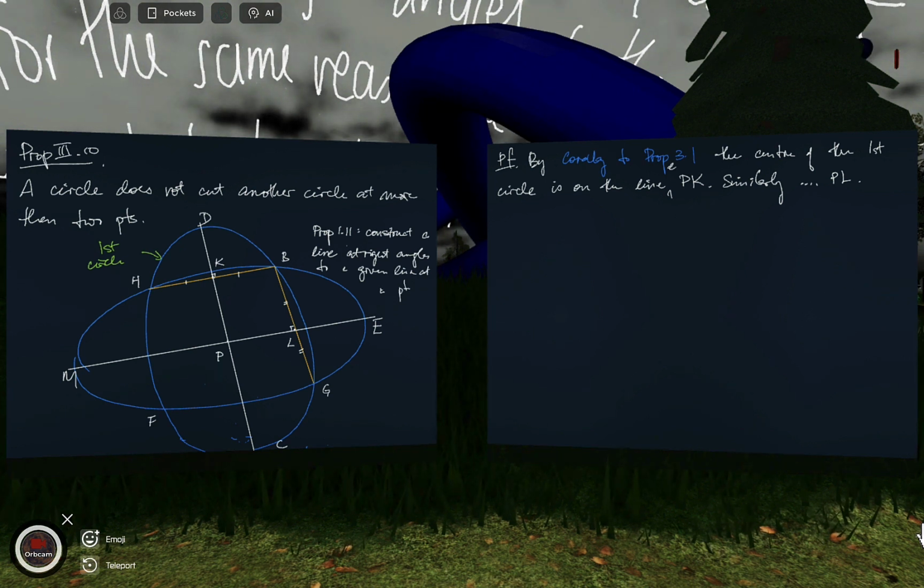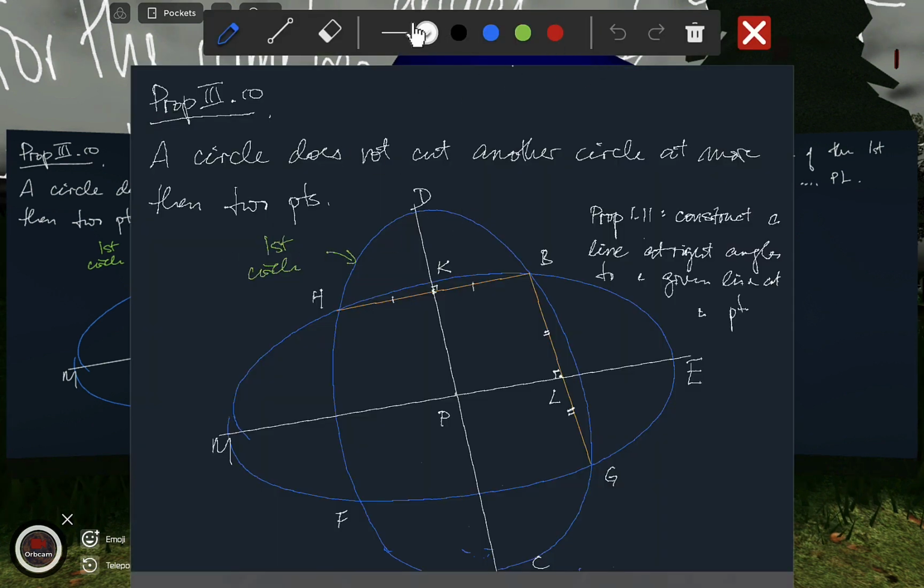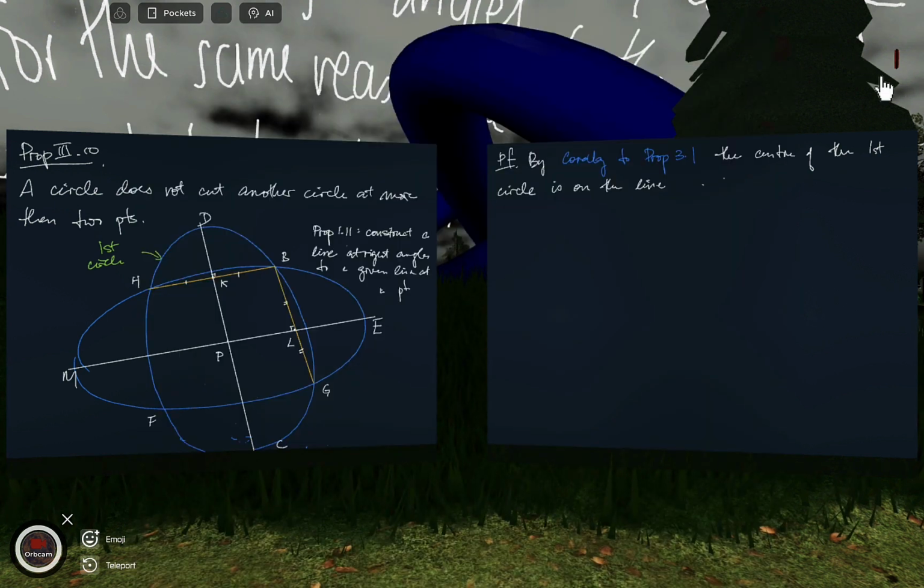Well, okay, that's fine. Yeah, I'm going to move your K though, because it looks like it's that point where the line meets the circle, but that isn't what you mean. You mean K. Yes. All right, cool.